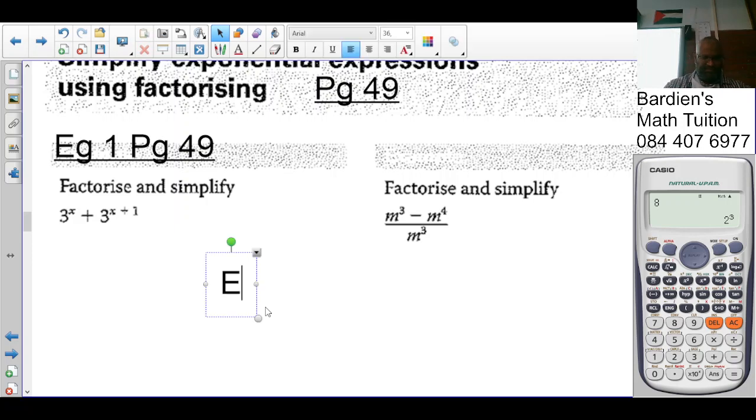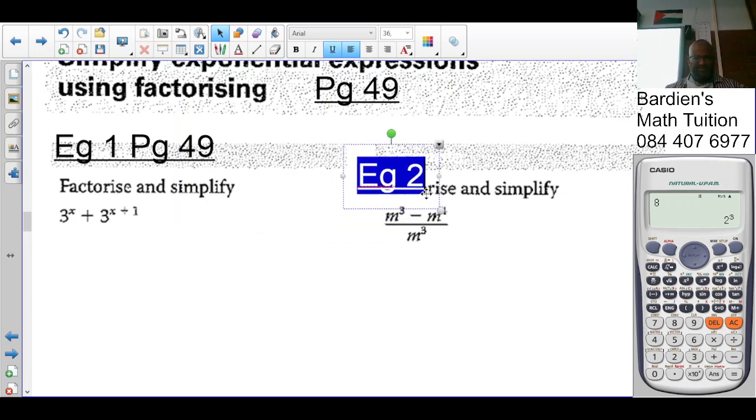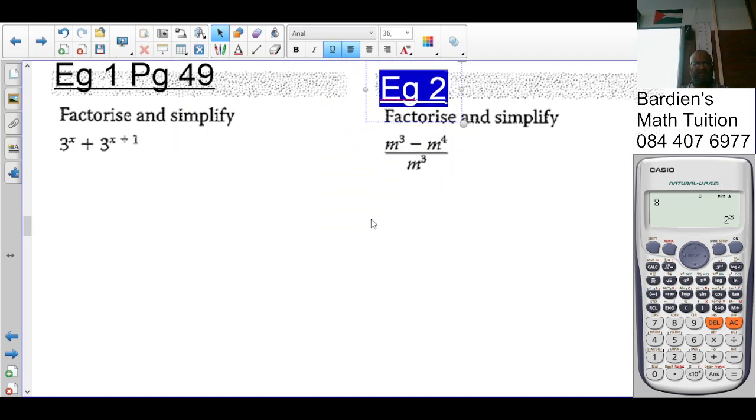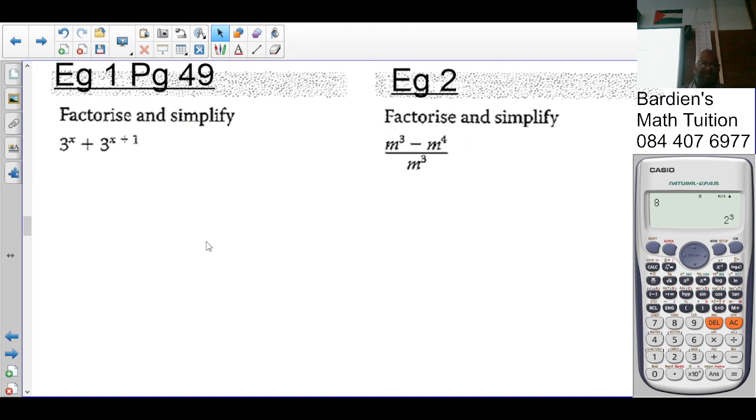So 15. On the same page, okay. So looking at this here, we've got 3 to the x plus 3 to the x plus 1 in example 1.